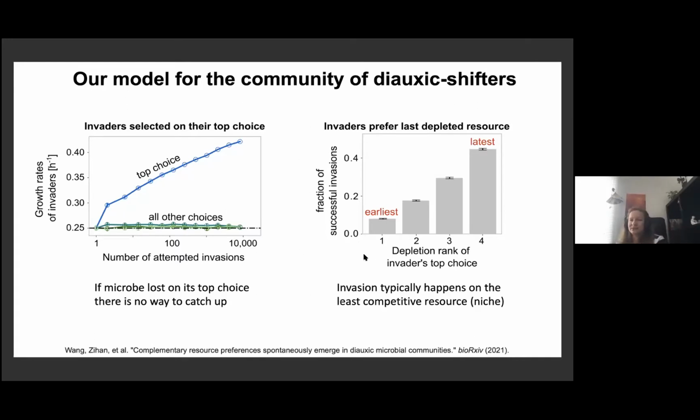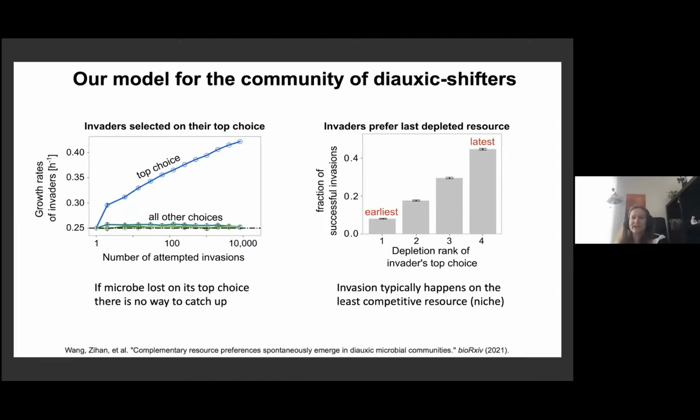Another thing that we noticed is that when invaders come into our system, they typically come in on a resource that is currently utilized the least efficiently. And this is also a very natural thing.